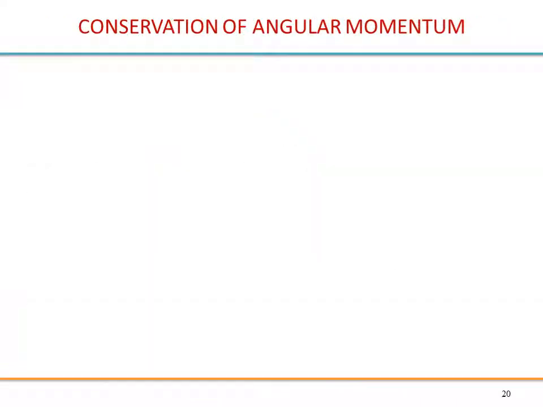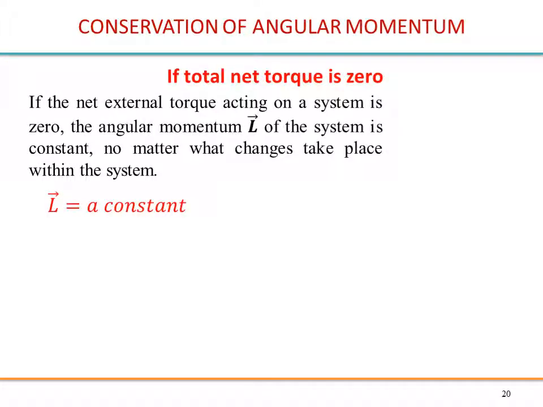Okay, so something very important. You have seen in linear motion that the linear momentum can be conserved, and so is angular momentum. It's actually quite easy to see. If there is no torque, dL/dt is 0, therefore L is constant as a vector, not only as a magnitude, but also as a vector.